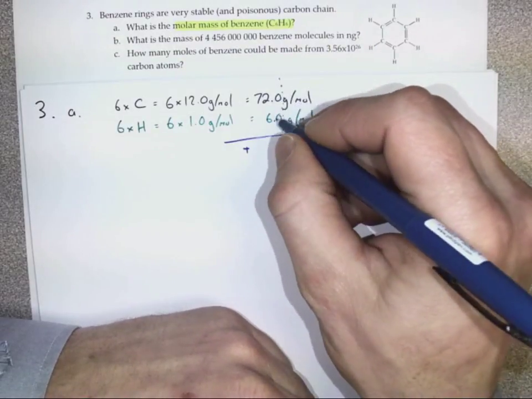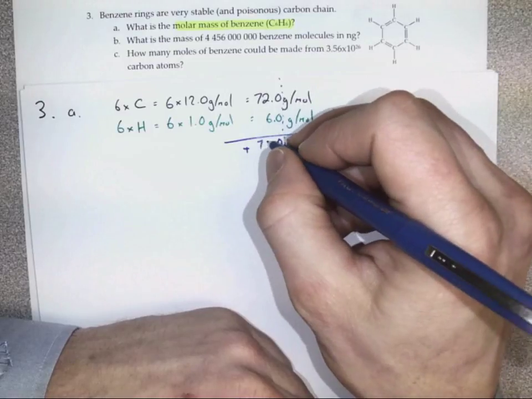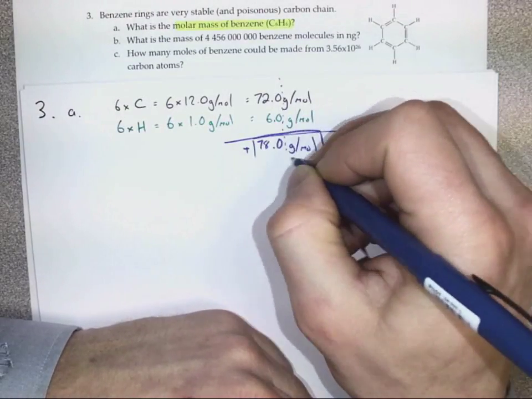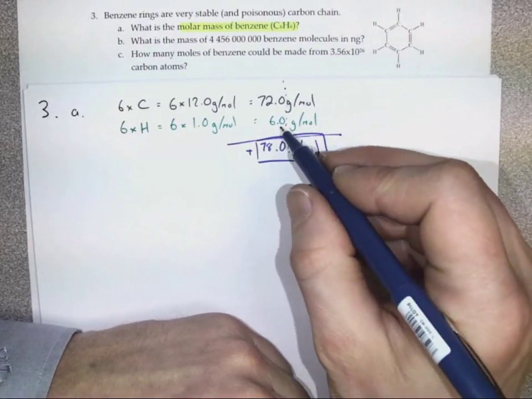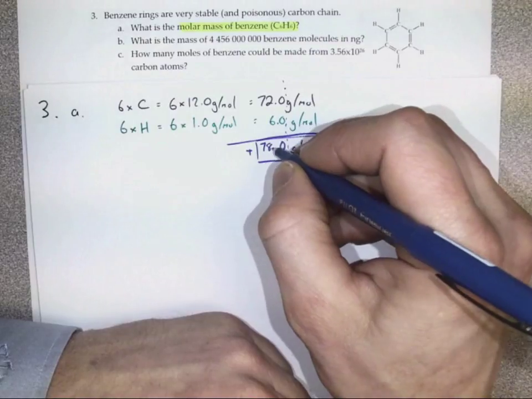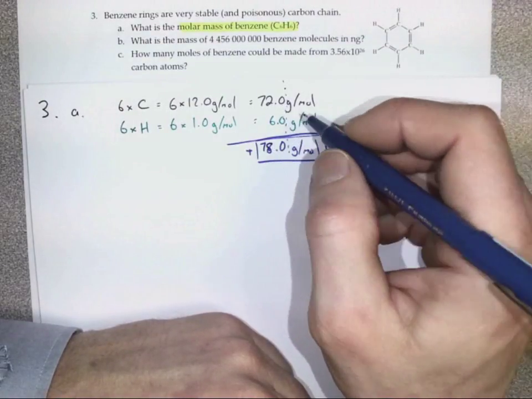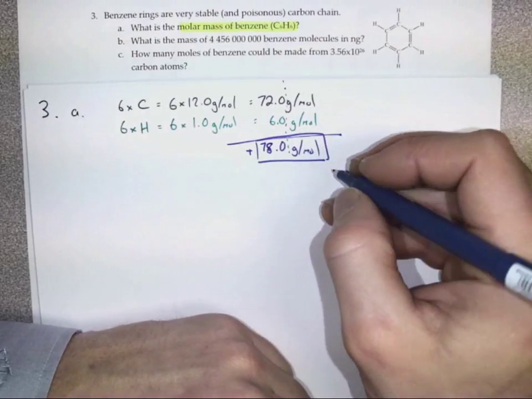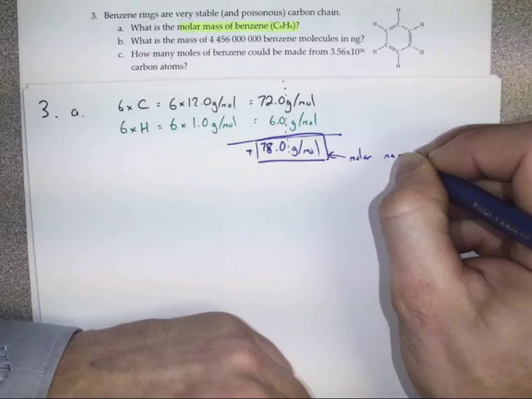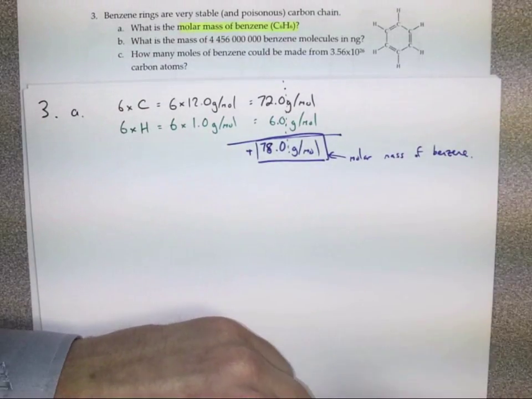That means we keep that place because it's significant for both numbers, and we get 78.0 grams per mole. This is a situation where we increase the amount of precision from the hydrogen based on an addition principle, because of the nature of the value we're adding it to. Anyway, so there's the molar mass of benzene.